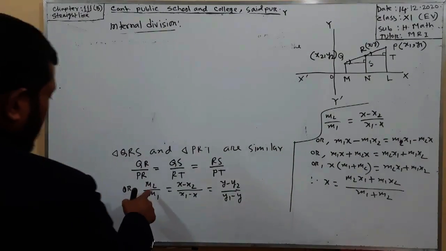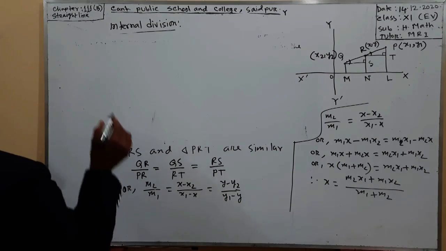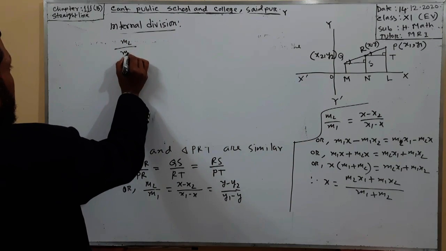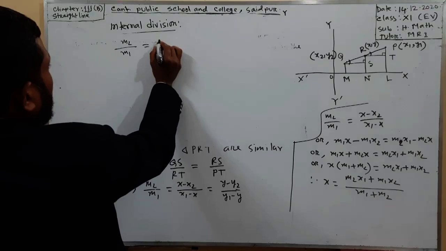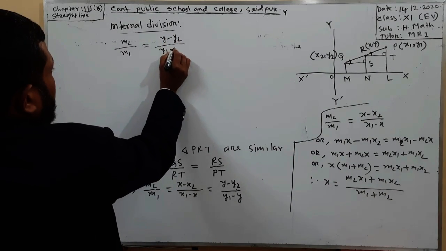If we take the first and last, then we get M2 by M1 is equal to (y minus y2) by (y1 minus y).